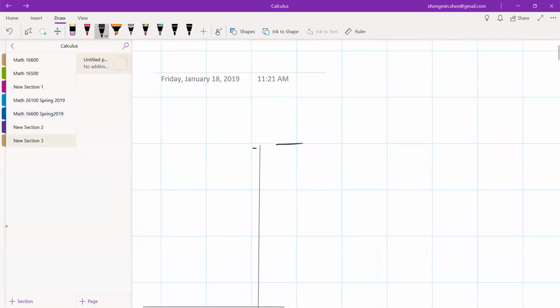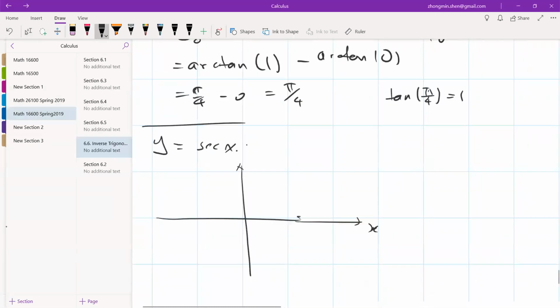This is going to be 1 over cosine x, right? So I only memorize the possible values for cosine x. It's too much to memorize. So you memorize cosine and sine, those are two essential functions.